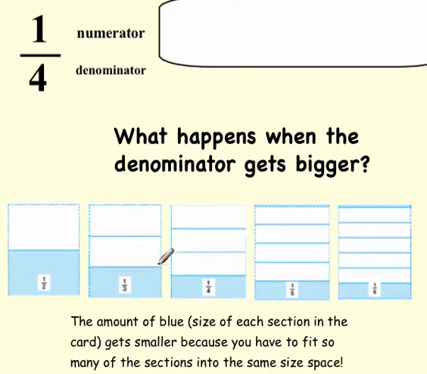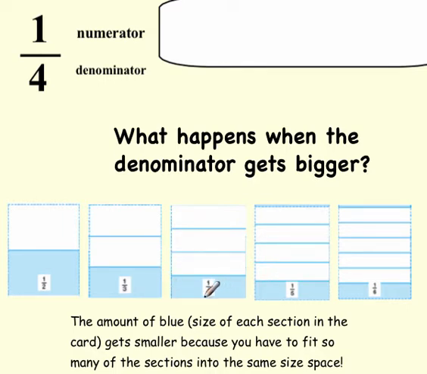When I look at 1/3, I have to divide it into three sections. That's what the bottom number tells me. The top number tells me I just need to shade one. So now, because I have three equal sections in the same size card, each space gets a little bit smaller.